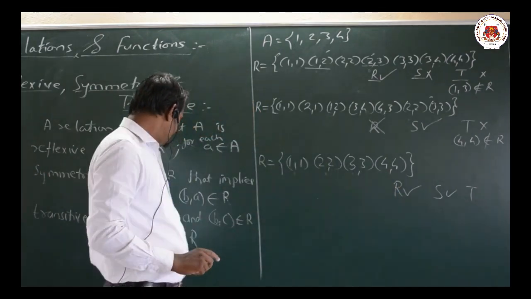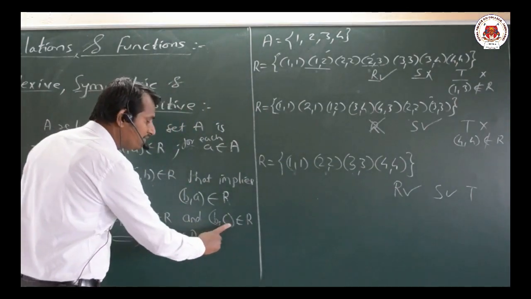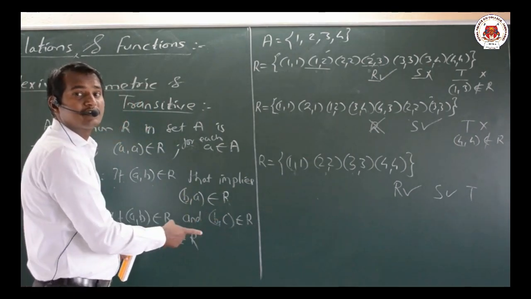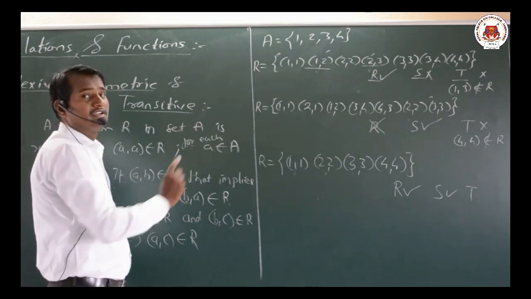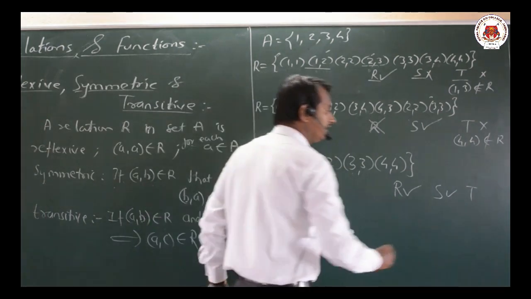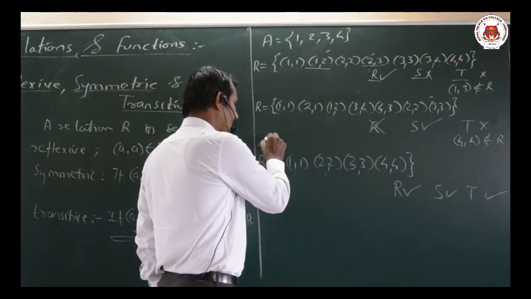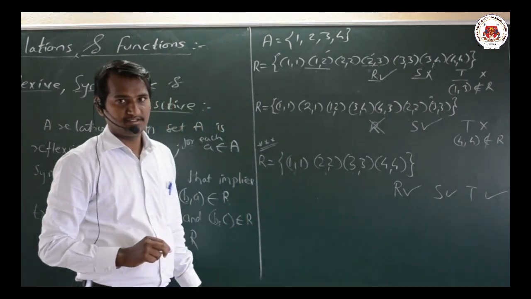That means if we have (a,b) belongs to R, compulsorily we should have (b,c) belongs to R, but we don't have such a thing. If we don't have, we can't check for transitive. It is understood that it is transitive only. Therefore, it is transitive. Please pay attention regarding this example.